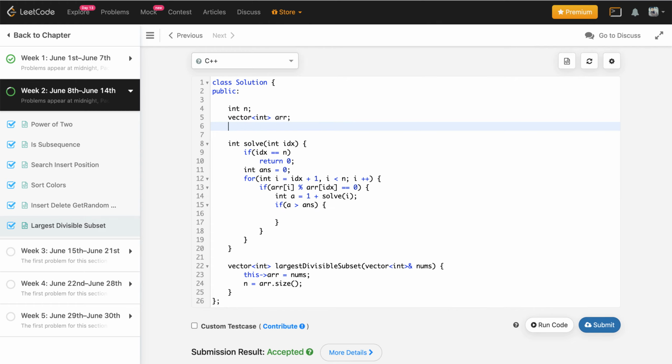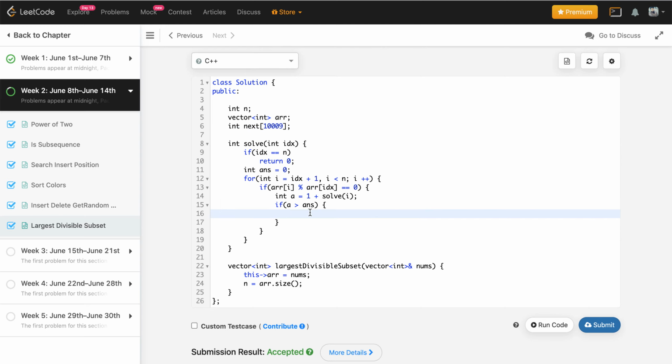We said also that we are going to maintain the next best element that we can have starting from each I. So let's just keep it, for example, 10 raised to the power 4.